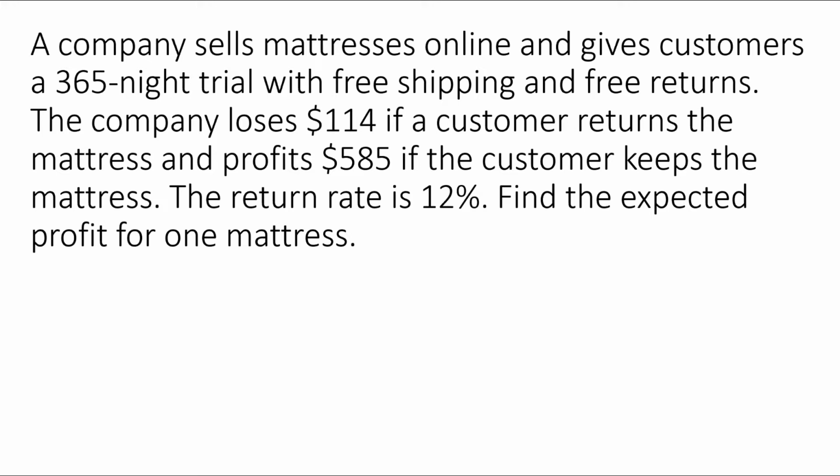The formula we're going to use here is E of X equals the sum of, and we write that sum with the Greek letter sigma, x times p. So the x's are the random values, the values that occur at random. We don't know which it's going to be. And then p is the probability of that random value occurring.